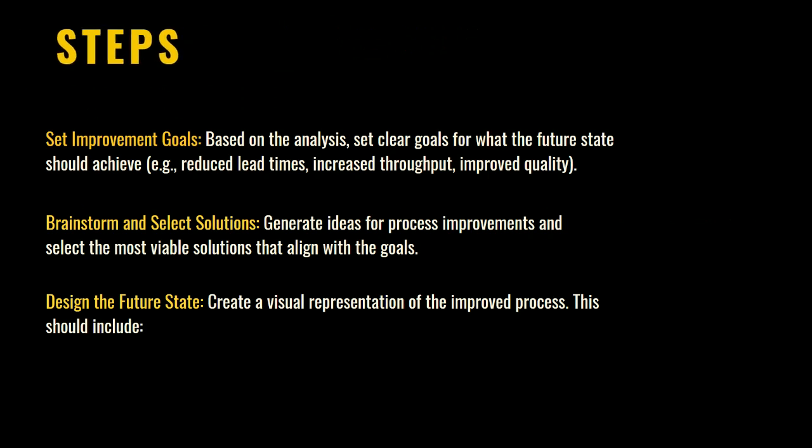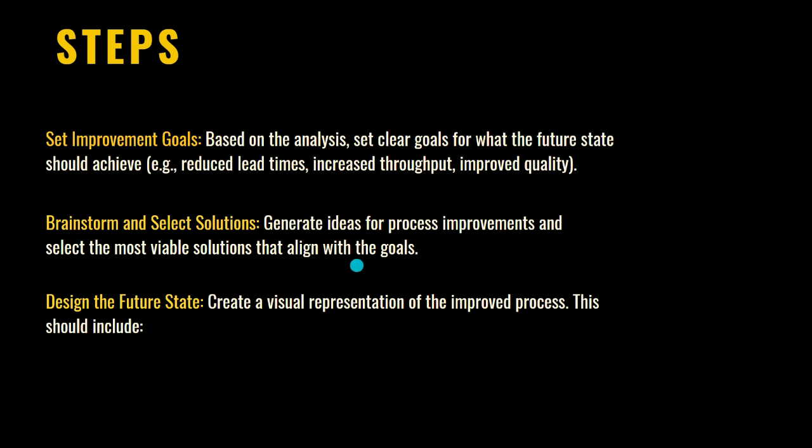Now, the steps in here, we're going to set improvement goals, brainstorm and select solutions, and design the future state map. Now, when we set improvement goals, we're going to base that on the analysis, okay? And the goal here is to identify what your process should achieve, right? Whether that's reducing lead times, increasing throughput, or improving quality.